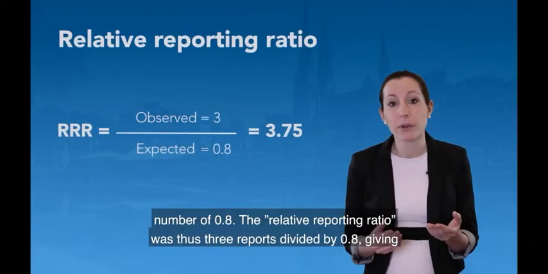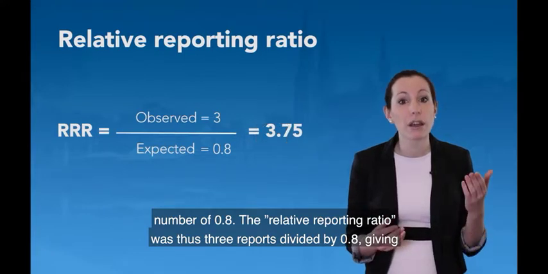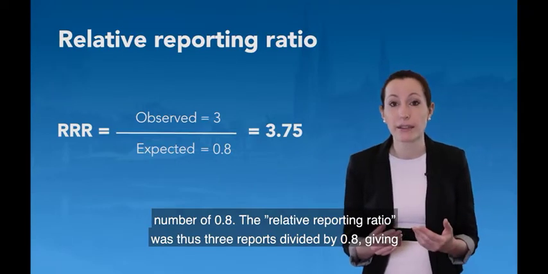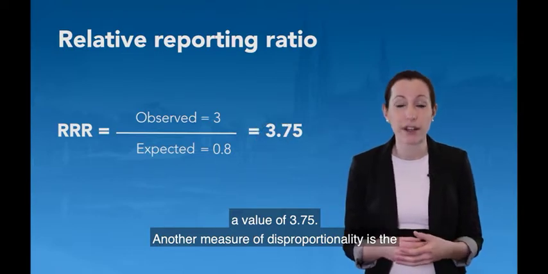The relative reporting ratio was thus 3 reports divided by 0.8, giving a value of 3.75.